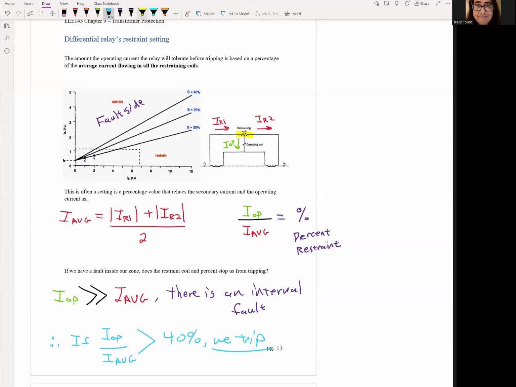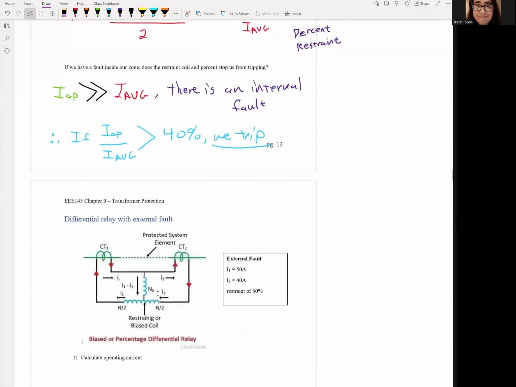And just to show you where 40% lies, you could graph it, it's this line right here. So notice it says 40% right there. If we do this calculation of operating current divided by average current and we land on this fault side right here, then we're going to trip. If we're underneath it, we're going to be in the restraint area and then we won't trip. So that's the calculation that relay does.